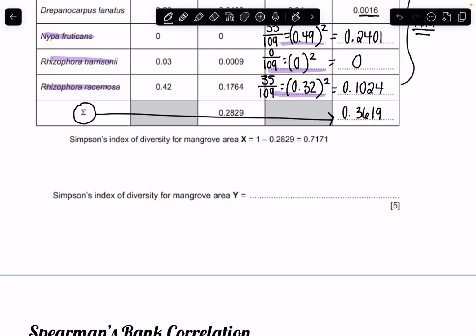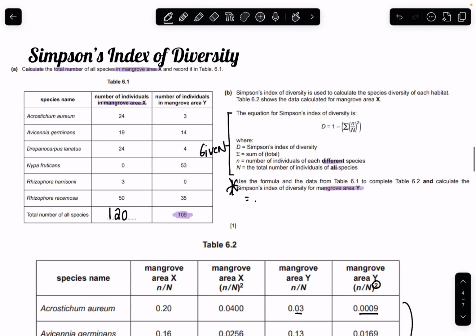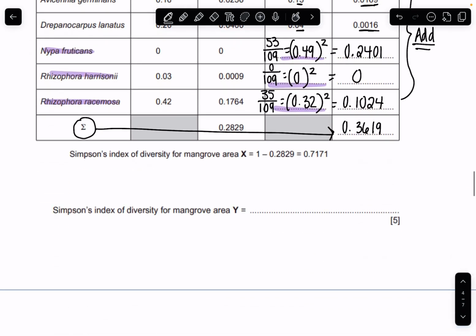The last part, it says Simpson's index of diversity for mangrove area X. We have to calculate Y. So just like our formula, we completed in the table this part. That's the table. We need to do 1 minus our number. So 1 minus 0.3619.